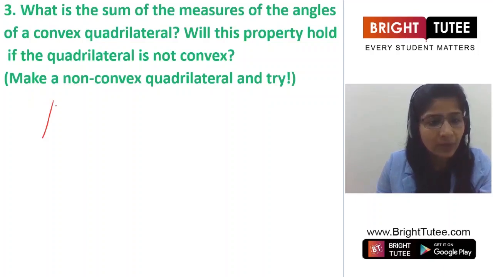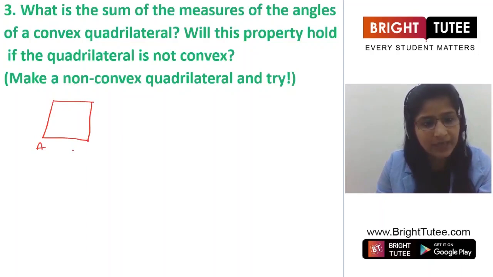Suppose we take a convex quadrilateral like this, and let us name it A, B, C, D. We will divide it into two triangles and name the angles as 1, 2, 3, 4, 5 and 6.